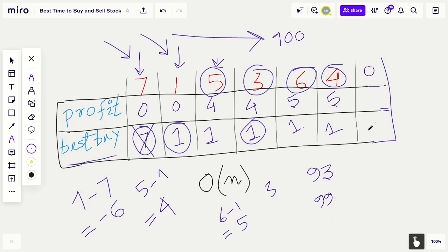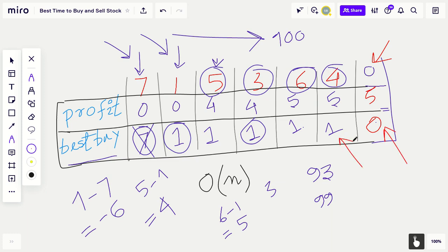Obviously you would not sell at such a low price, so you would hold this value of 5 here. But suppose in future you are getting a higher profit if you consider 0 instead of 1. Okay, so that is the whole picture.